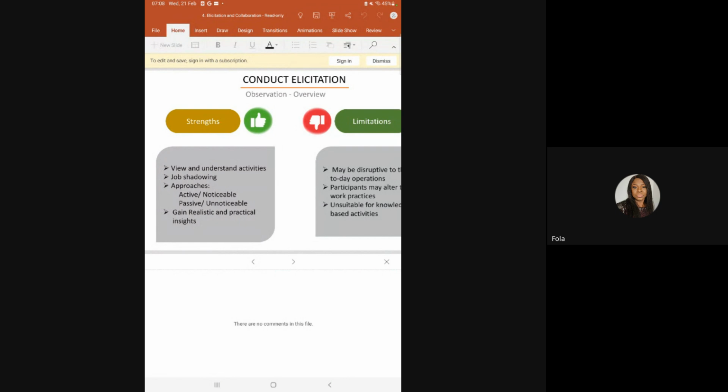Approaches: active or noticeable, or passive or unnoticeable. You can do observation actively with their notice, or you can do it without their notice also. You can just casually go as a friend, sit with them, get into a normal conversation, and keep watching what they are doing.